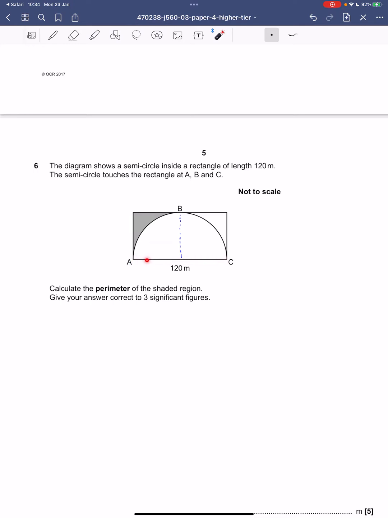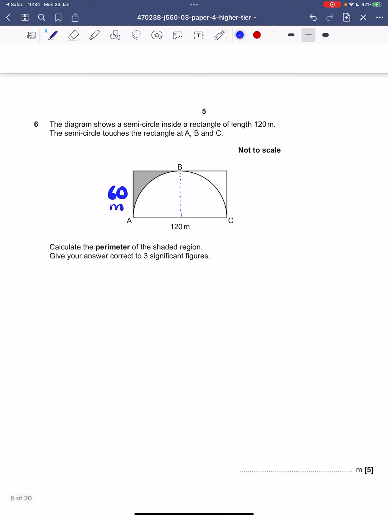Okay, so that means that the radius of the circle is 60. So that means that this height is 60 metres. Calculate the perimeter of the shaded region. So we need that, and that, and that. Well, that is also 60 metres there.